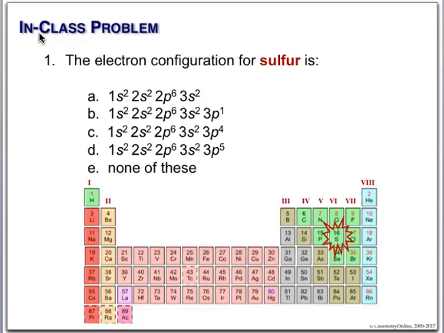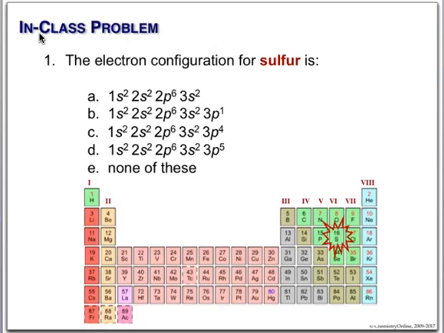Now, how do we do this? We look and say sulfur is at our third energy level, right? Now that means that 1 and 2 are full, aren't they? They're full. So how many can you put in? Well, you can put in 2. That's it.